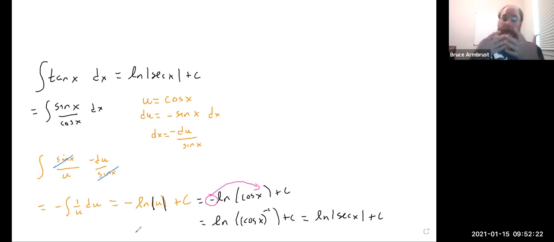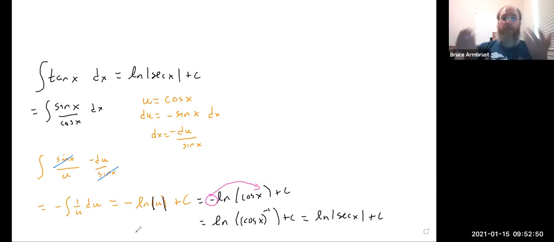In most applied situations, like if we were going to actually be doing this to find an area or some such thing, it's usually going to be the case that that's not a problem. Usually these things are such that the natural logs are going to be defined. But especially when we're dealing with trig functions, we know that they're very frequently negative. It's really important to put those in there.